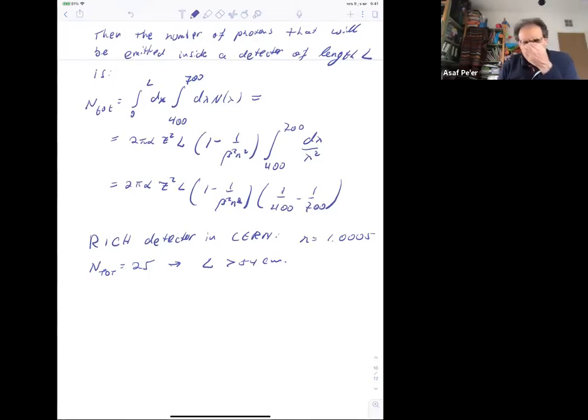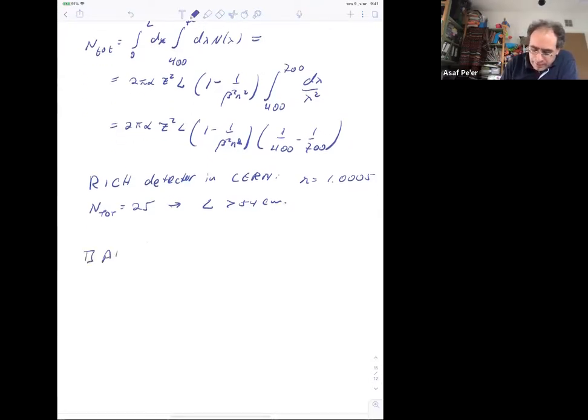Now, this refractive index, of course, is relevant for very relativistic particles, right? It's very close to the speed of light. There are other experiments, such as the BaBar experiment.